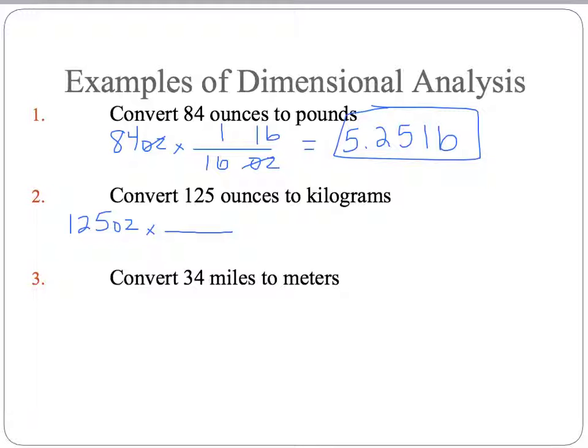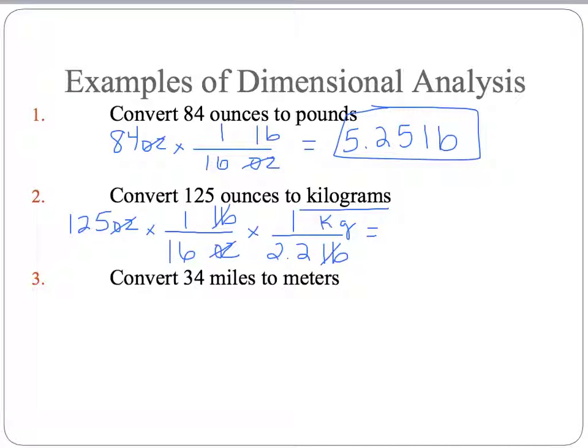So if ounces are on top, I need to put ounces on bottom, and I need to go to pounds. So there are 16 ounces in 1 pound. So now my ounce unit is canceled, but again, I want to go to kilograms. So I want pounds to cancel, so that's the unit I'm going to put on bottom, to kilograms. And then if I look at my conversion, there are 2.2 pounds in 1 kilogram.